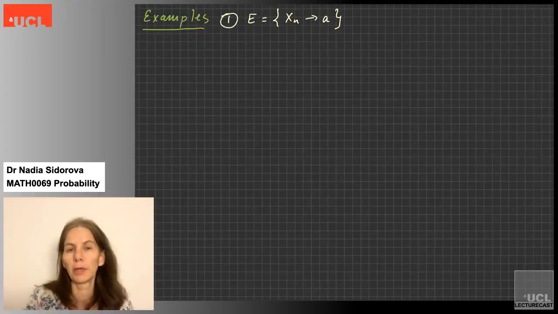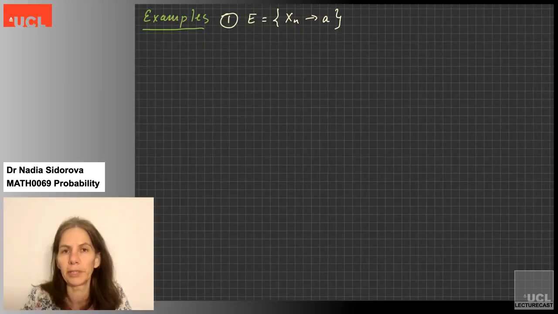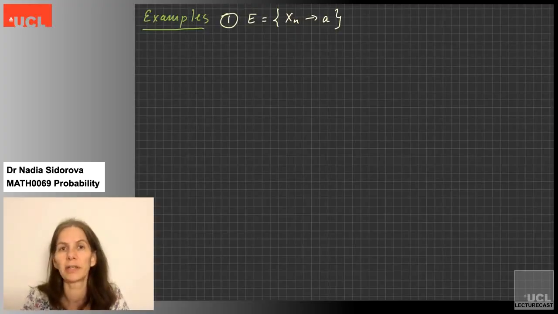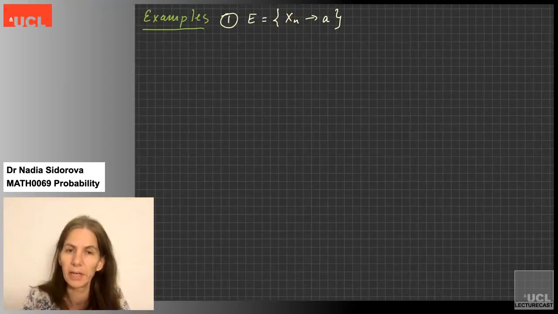Now, if we think about it, whether or not a sequence converges to a doesn't depend on its first term, doesn't depend on its second term, actually doesn't depend on any first m terms, right? So it feels like it is a tail event, and let's prove it formally.